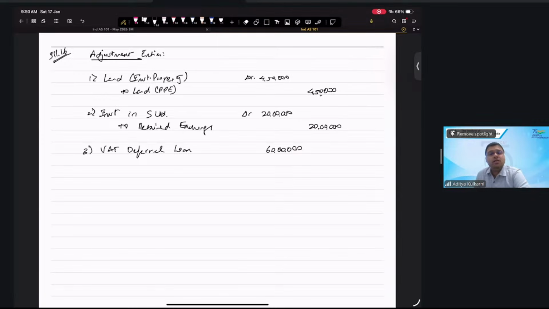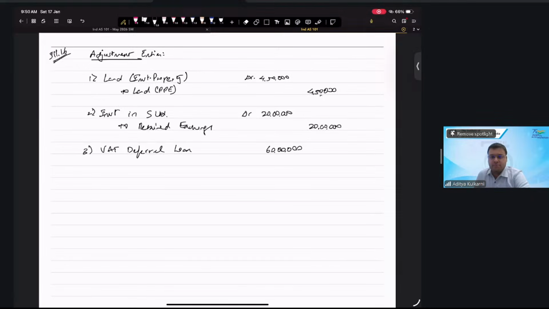So, can I say that the dues that it owed to the government is effectively converted into a loan? Yes, it is a loan. And let me assume that it has no interest. So, is it at fair value then?